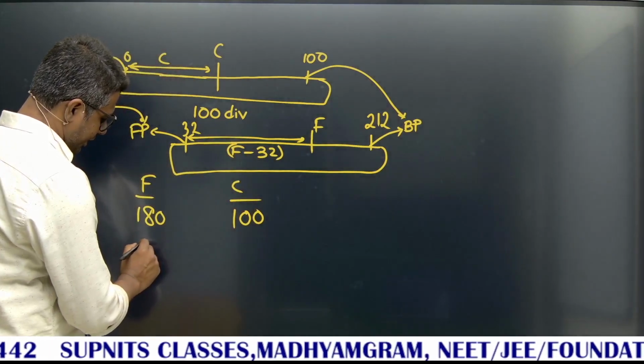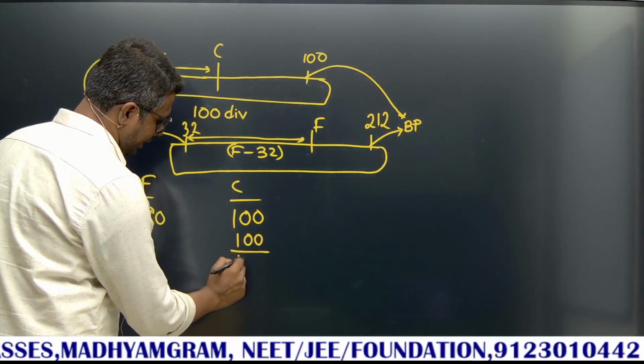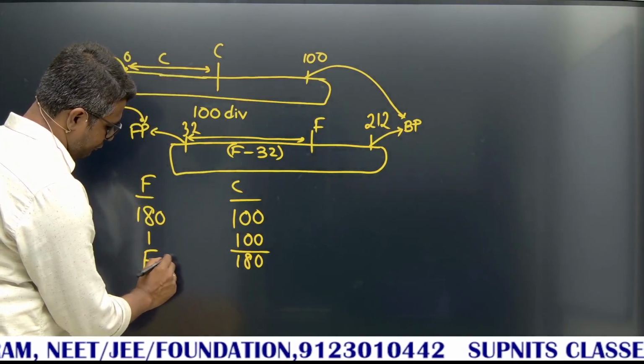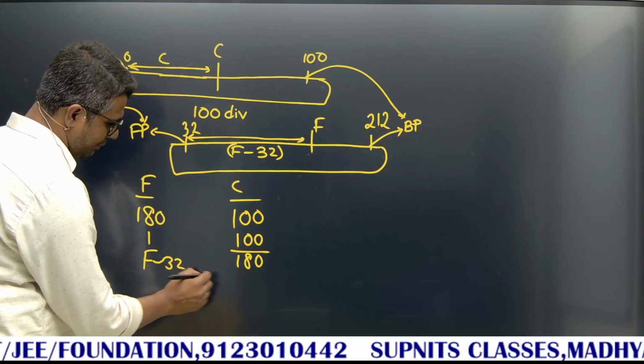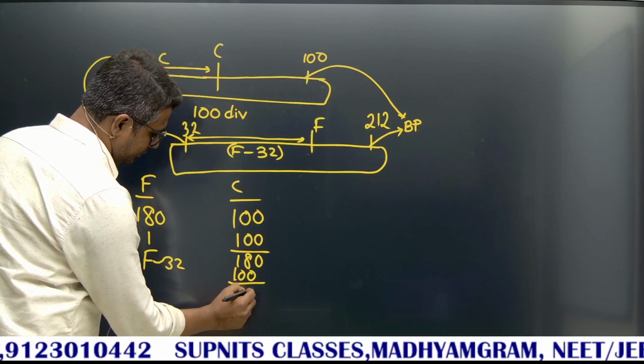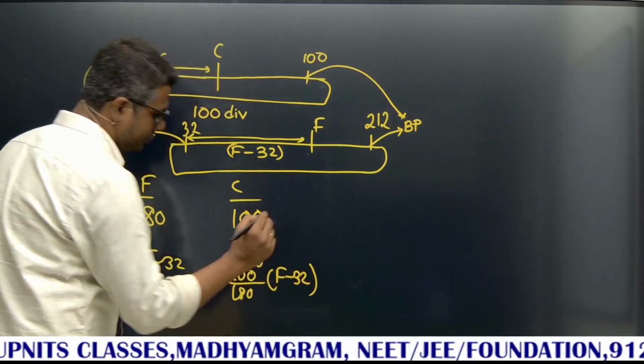So if I am getting 180, so one division will be 100 by 180. F minus 32 divisions will be 100 by 180 into F minus 32.